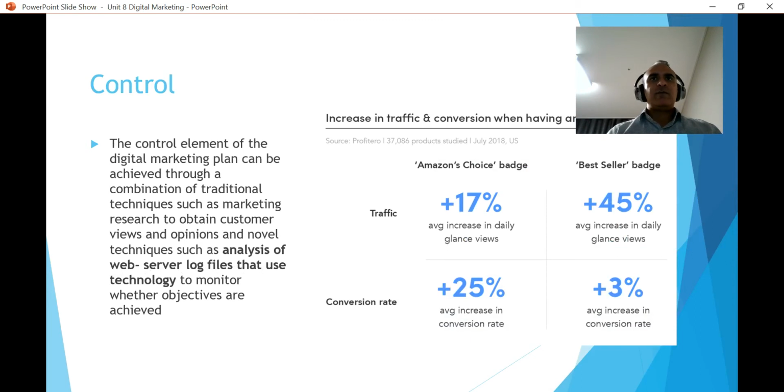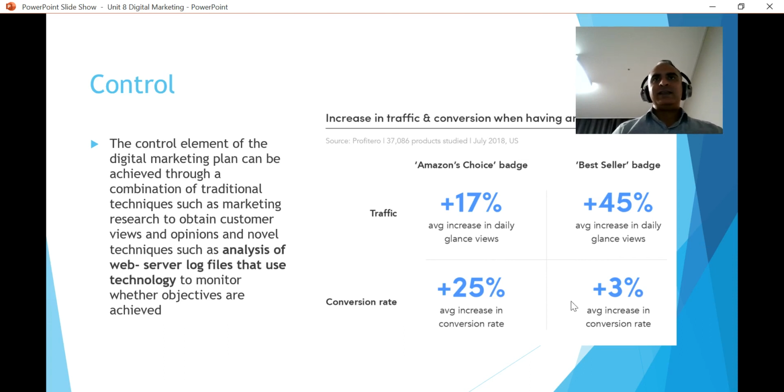So here, for example, Amazon tells you if you have the Amazon's Choice badge, you will see an increase in daily glance views, and with the bestseller badge, 45%. And then the conversion rate increases by 25%, and the average increase in conversion is 33%.